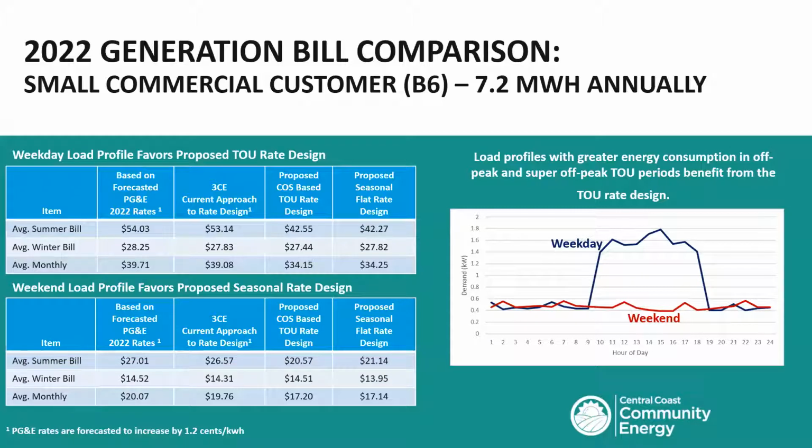So what we've shown here on the right side is a load profile. During the weekday, you can say this customer opens up business at 9 o'clock in the morning. Their load jumps from about half a kilowatt of demand up to about 2 kilowatts of demand at the peak in hour 15, which is 3 p.m. And then at about 7 p.m. they close up shop and shut down, and the energy goes back to whatever the background is.